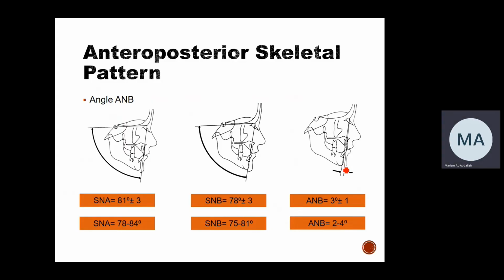A and B is the angle between the A and B points, but we don't measure it because it's very small and there is some error associated with this. We calculate it, so it's SNA take away SNB, and this equals a certain number. The average is 3 plus or minus 1, so it's 2 to 4. That is considered class 1.